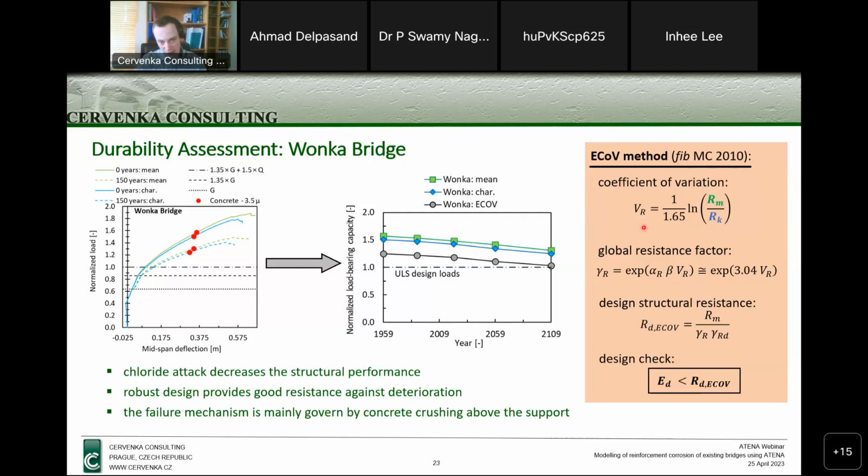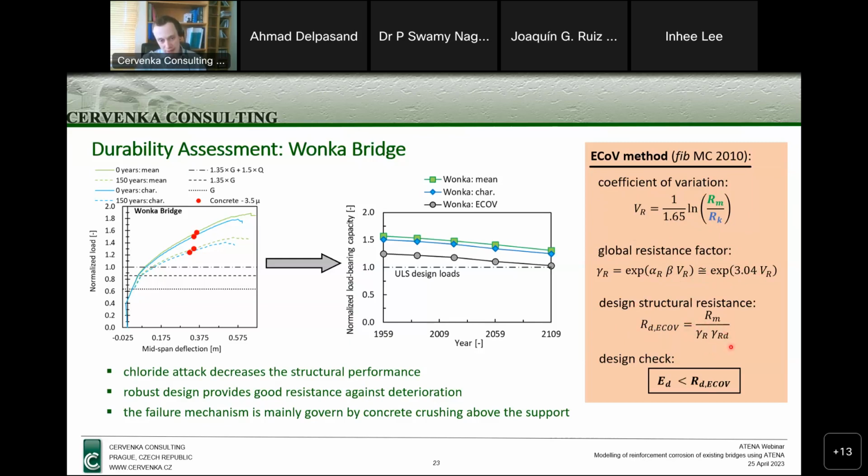So based on this, we can calculate the coefficient of variation, and using the sensitivity factor and the reliability index as defined in the FIB model code, the global resistance factor can be calculated, and based on that, we can get the design structure resistance.